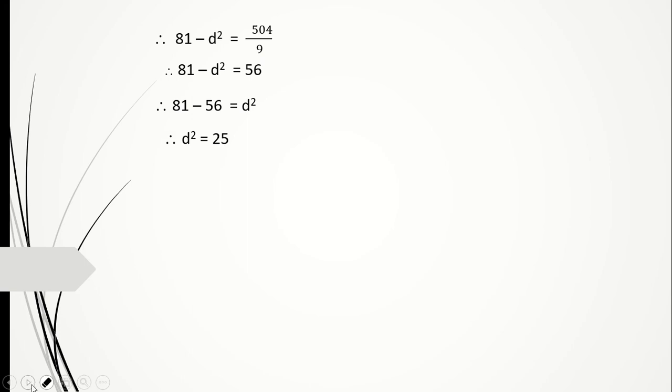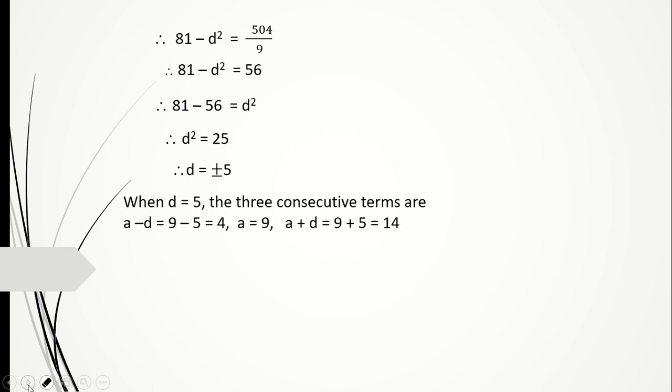Therefore D is equal to plus or minus 5. We will first take the plus value and find the answer, then take the minus value and find the answer. Actually, we will get the same values. When D is equal to 5, the terms are A minus D, A, A plus D, so 9 minus 5 is 4, then A is 9, then 9 plus 5 is 14.